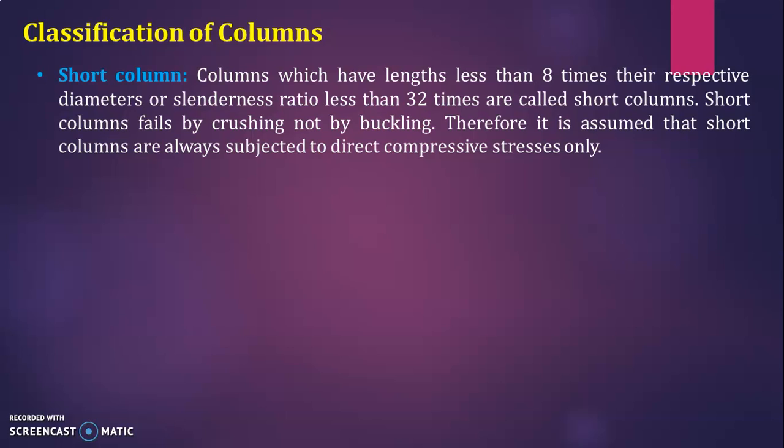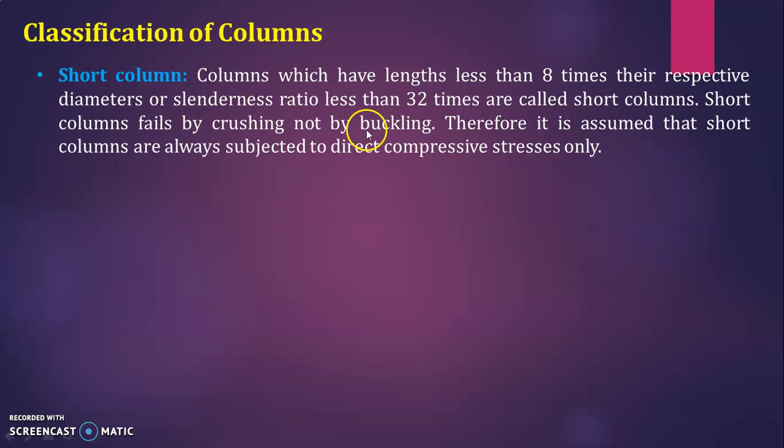Columns which have lengths less than 8 times their respective diameters or slenderness ratio less than 32 are called short columns. What is the slenderness ratio? It is the ratio of unsupported length of the column to the minimum radius of gyration of the cross-sectional area of the column. This we will discuss in detail in the next topic.